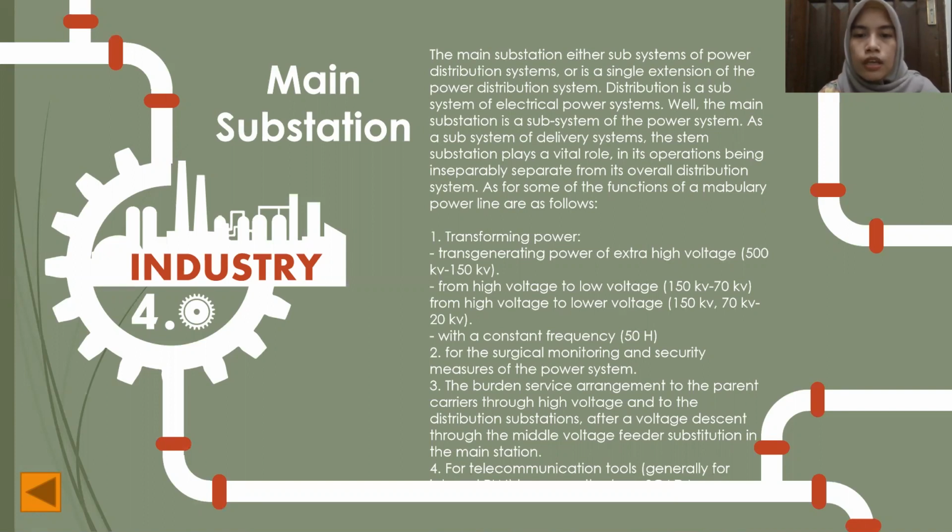One, transformer power, generating power of extra high voltage 500 kilovolts until 1050 kilovolts, from high voltage to low voltage, 1050 kilovolts until 70 kilovolts, from high voltage to lower voltage, 70 kilovolts to 20 kilovolts, with a constant frequency.